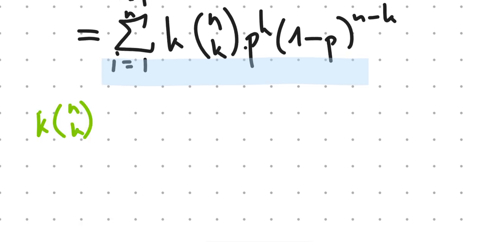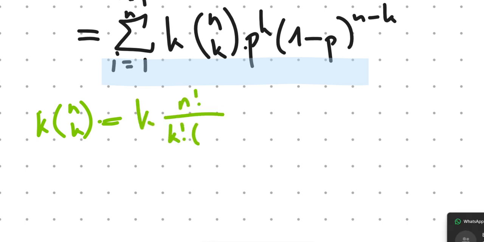Now the first thing we want to eliminate is the k, because we can cancel it out with the n choose k. So n choose k is n factorial divided by k factorial times n minus k factorial. Since we have this one, we can simplify the k and the k factorial.